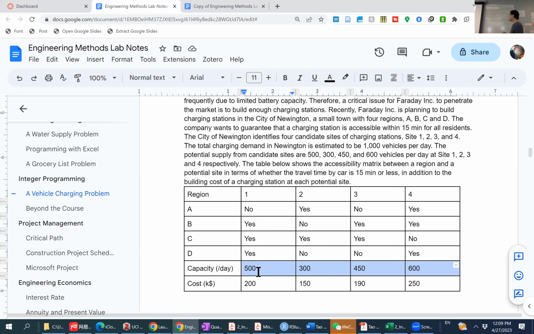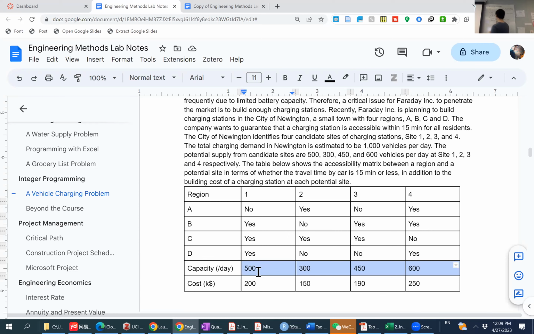So the right-hand side should be 1, and the operator should be greater than or equal to. As long as there is at least 1 station available to residents, it's good. So do you understand the logic here? Any question? How I arrived at this piece of constraint?